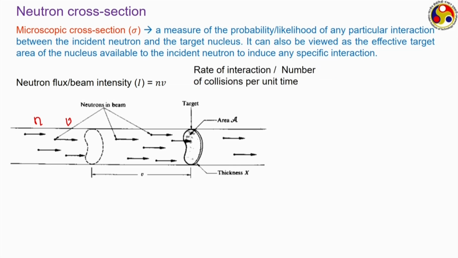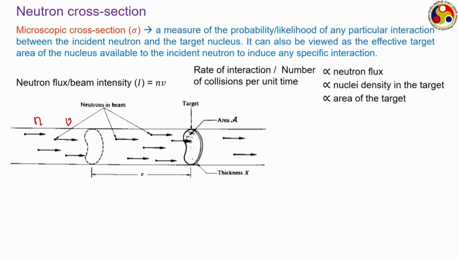Now, the interaction between the neutrons and some nucleus available in the target area, that definitely is proportional to this neutron flux, because higher the neutron flux, more is the number of neutrons participating in the interaction, and so larger is the possibility of any interaction. It is definitely proportional to the nuclei density in the target. More the number of nucleus present in the target, more will be the number of interactions. It is also proportional to the target area.